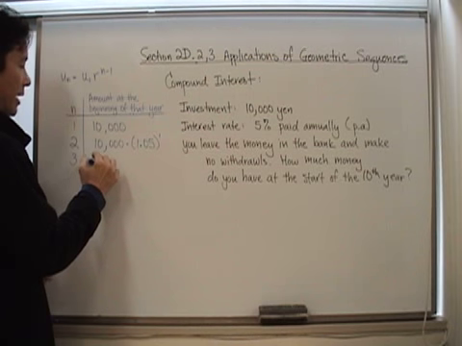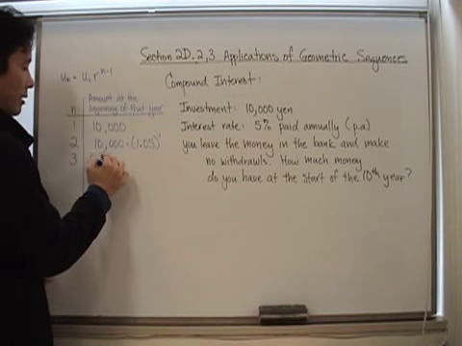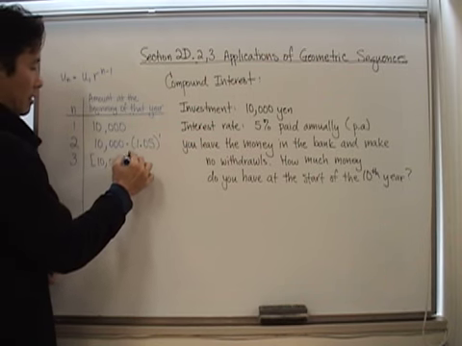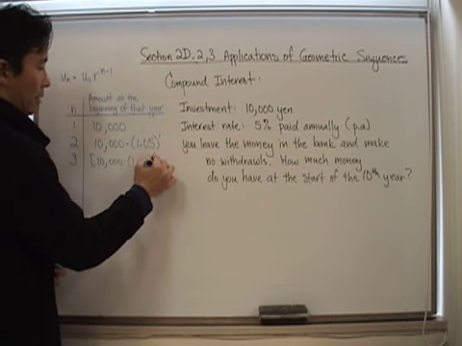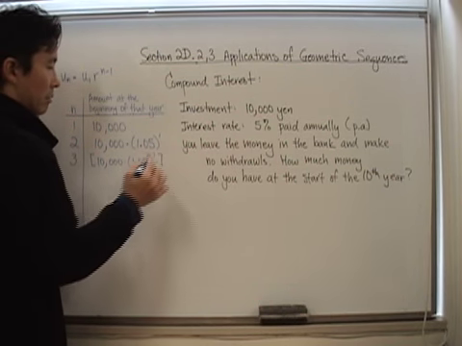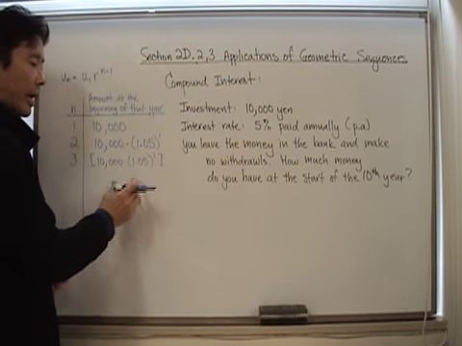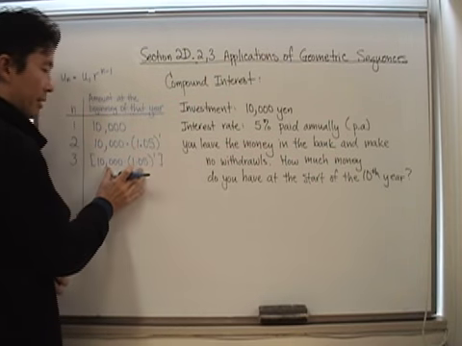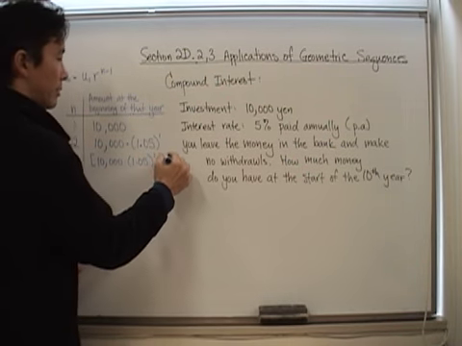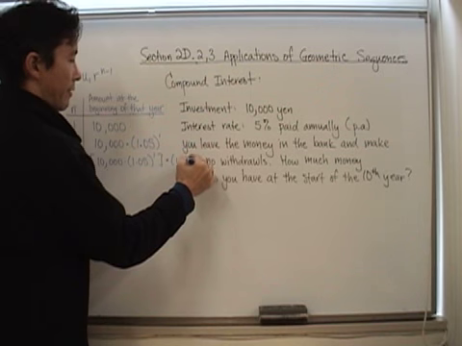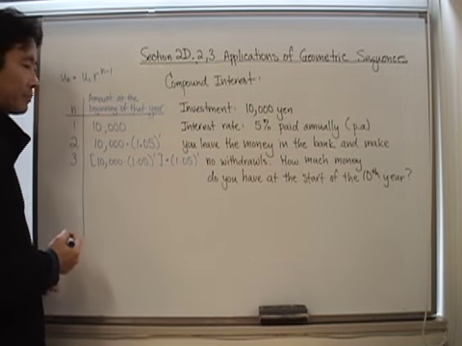So I have this amount here, which is what I had in the second year, and they're going to give me another 5% on this total amount. So I multiply this by 1.05 again.